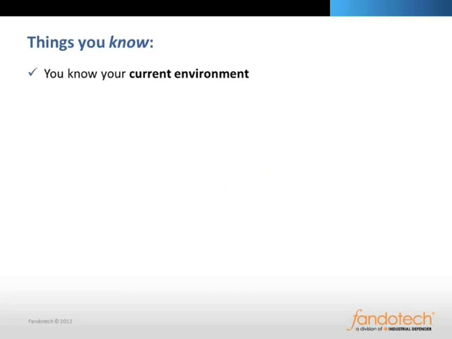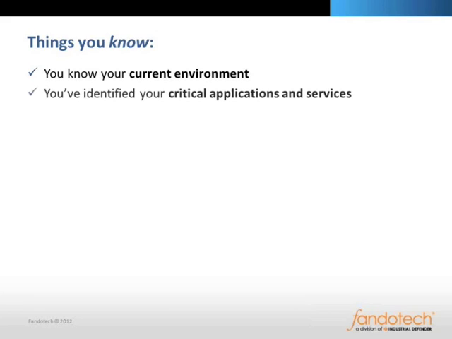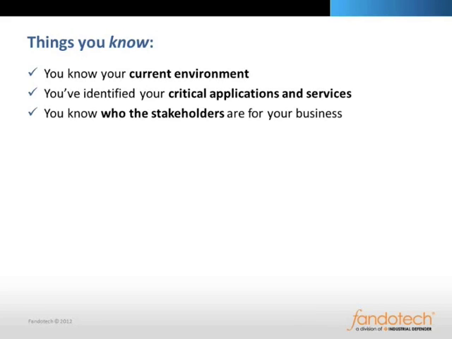Things to know about for how you're accomplishing a DR or BC strategy. Things you already know: your current environment, who your users are, what systems they use on a daily basis, and what the operational model of business as usual is. So you've identified your critical applications and services. Everybody has those critical systems that your business can't do without. There's also other pieces.